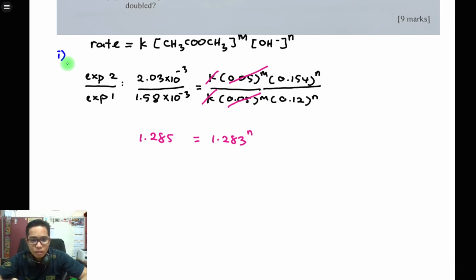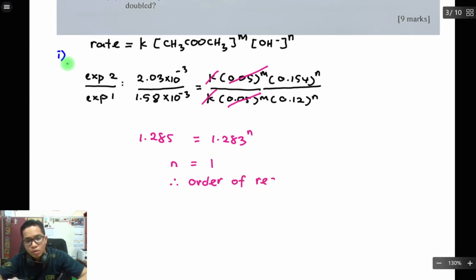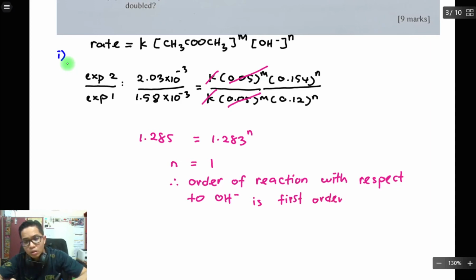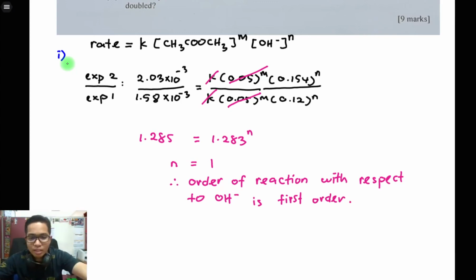These are almost the same, so the conclusion is n is equal to 1. Therefore, the order of reaction with respect to OH minus is first order, or any other sentences that carry the same meaning are acceptable.